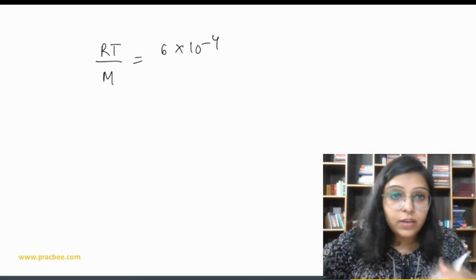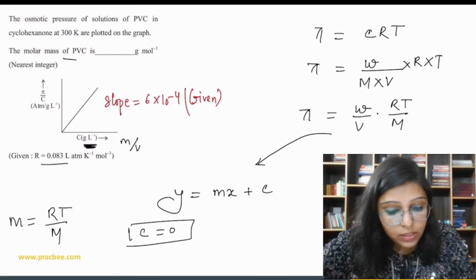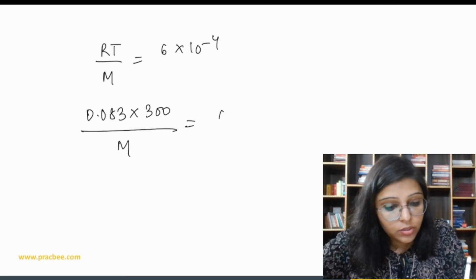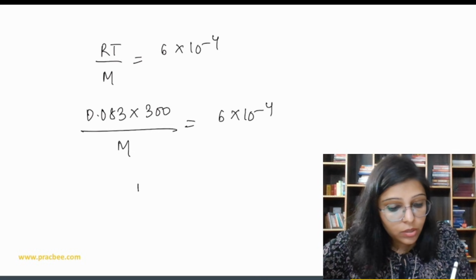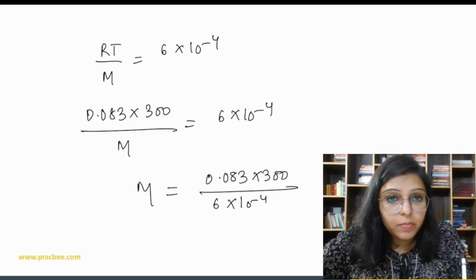Now let's put the value of RT in order to find out the molar mass. R is 0.083 and temperature is 300. So 0.083 into 300 upon molar mass is 6 into 10 to the power minus 4. So molar mass is equal to 0.083 into 300 upon 6 into 10 to the power minus 4.